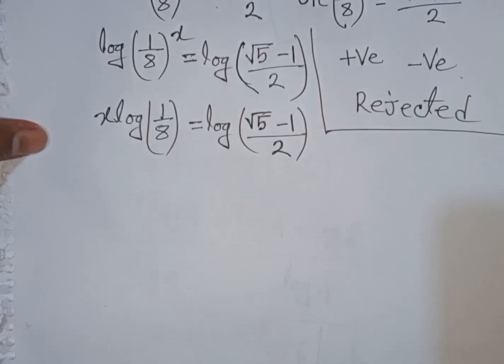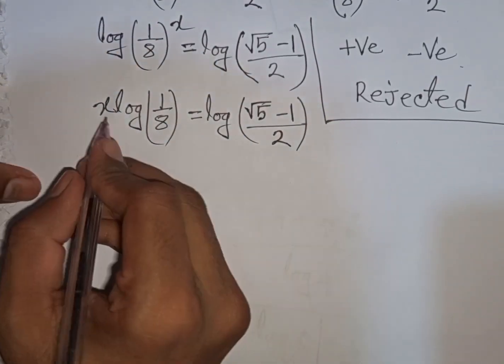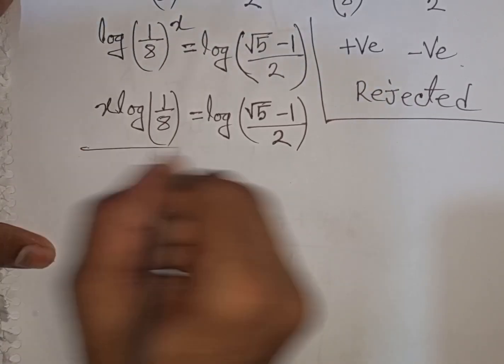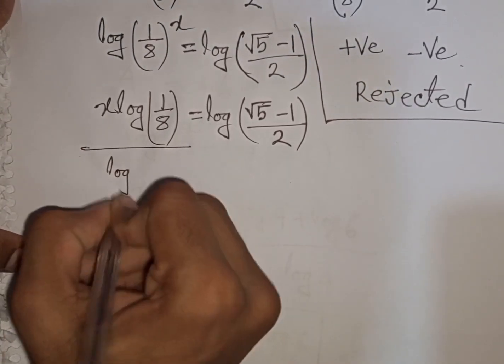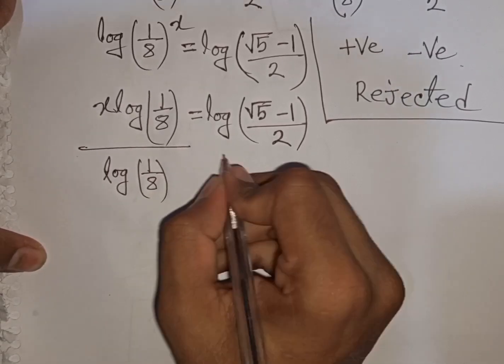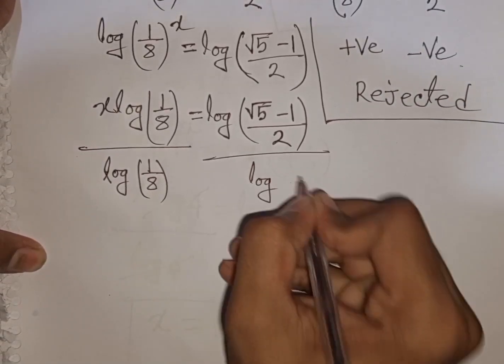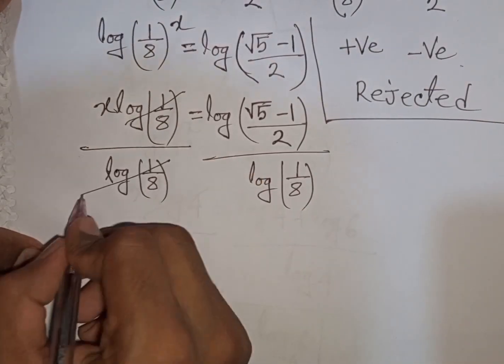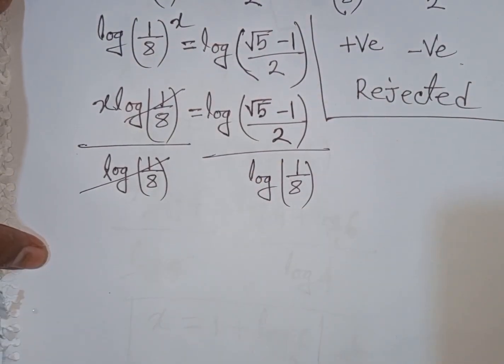Now, we need the value of x. So, we divide by log of 1 by 8 on both sides. So, this log of 1 by 8 will be cancelled.